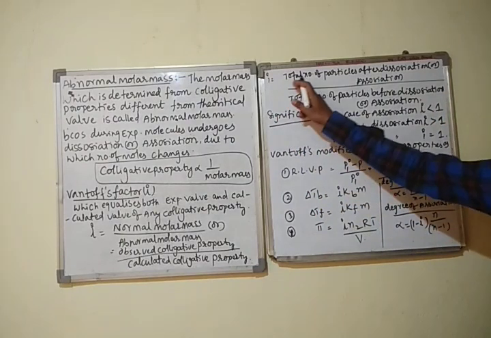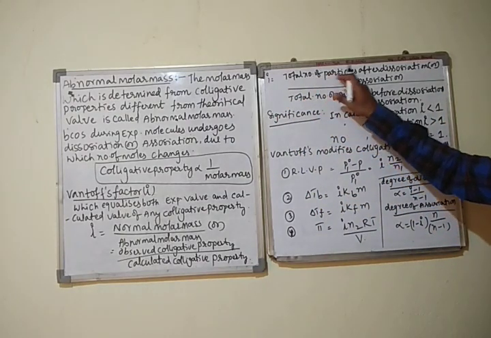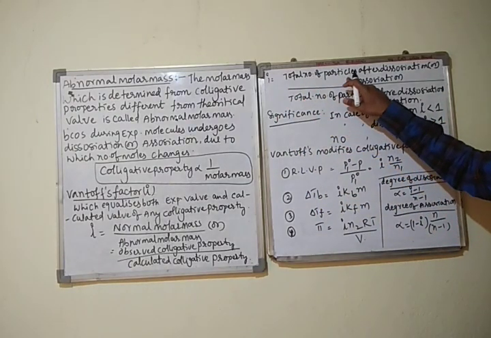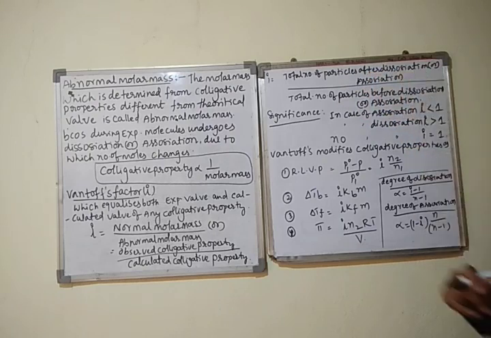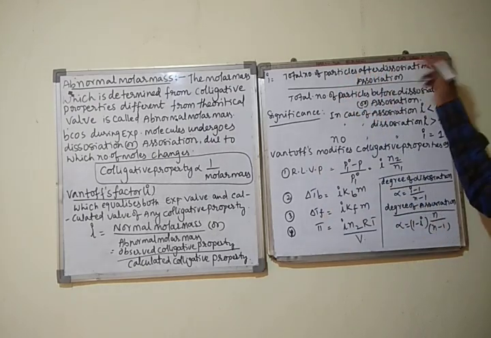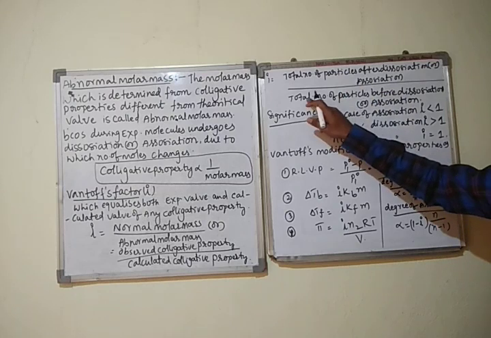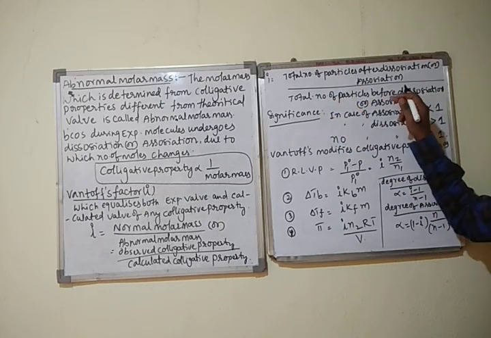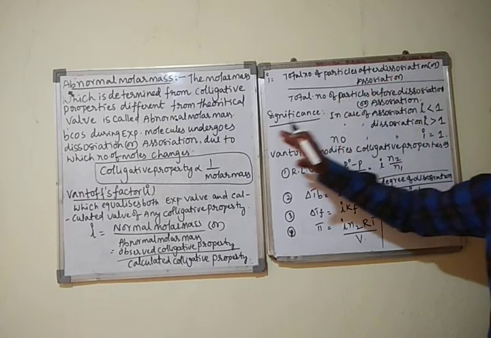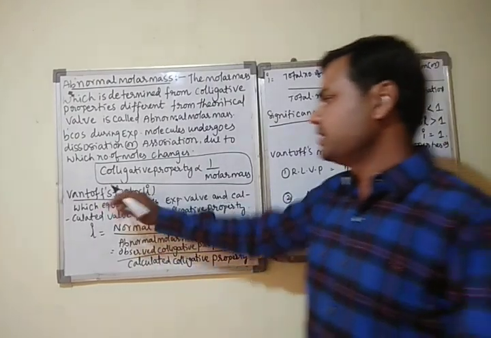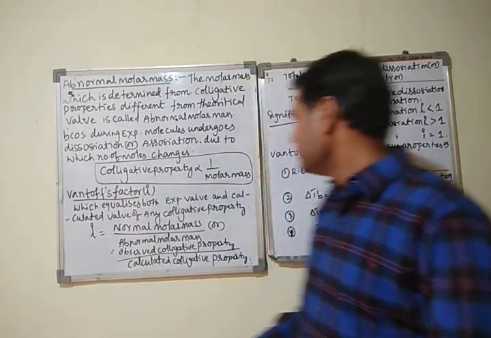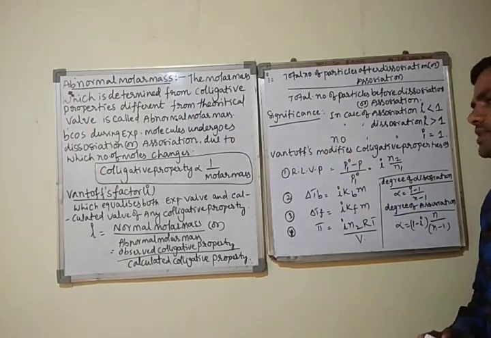Or one more formula we have, it is a ratio between total number of particles after dissociation or association to the total number of particles before dissociation or association. Any one of the formulas we can use to calculate what? Van't Hoff factor, right?